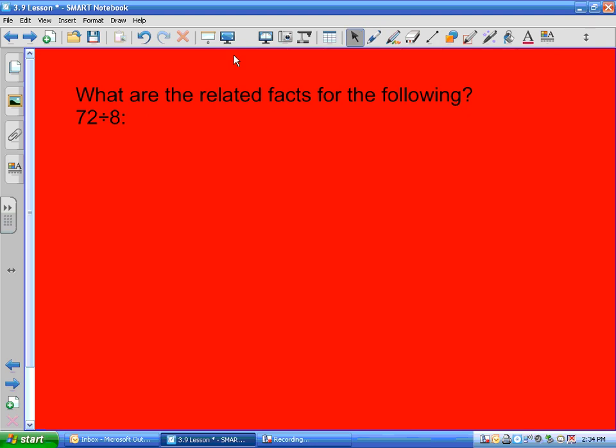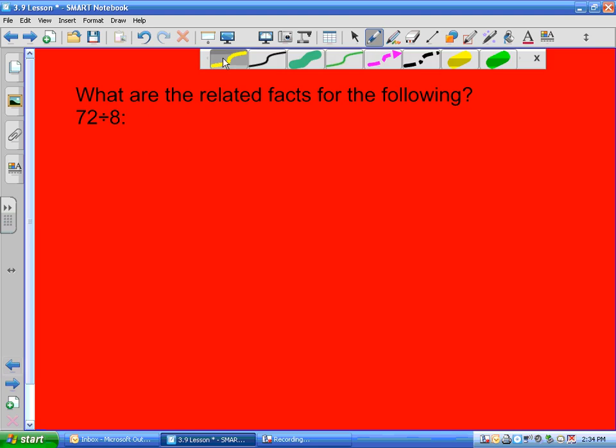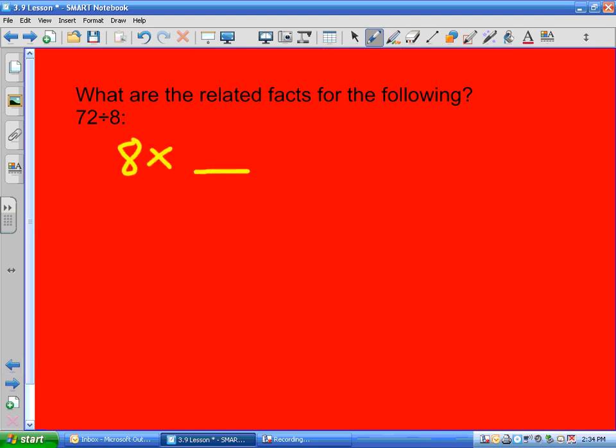Other way around, 8 times something is 72. What's the answer? 9. Okay, so what Noah just said is right: 8 times what gives you 72? And we just found out that's 9, right?